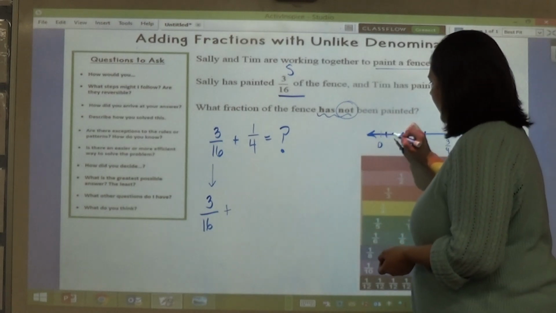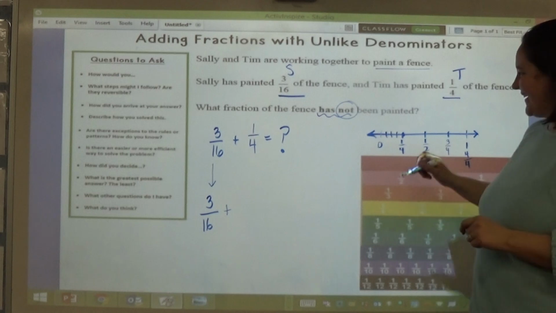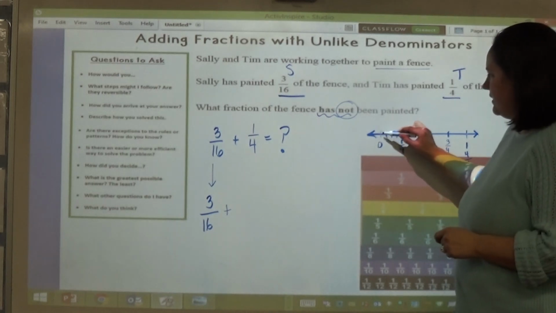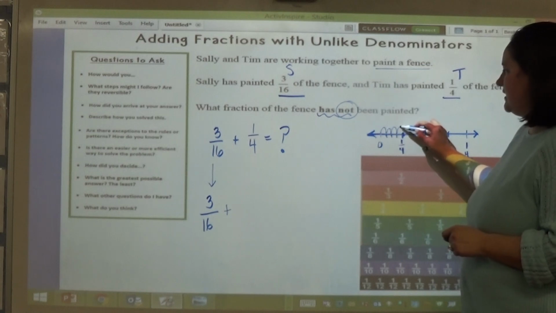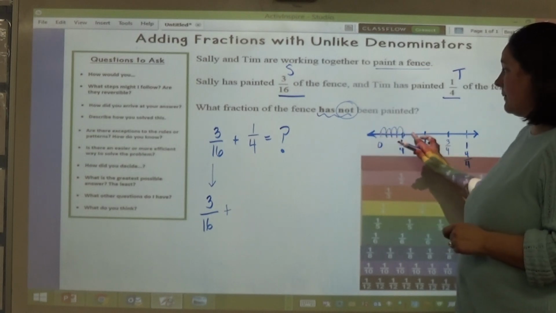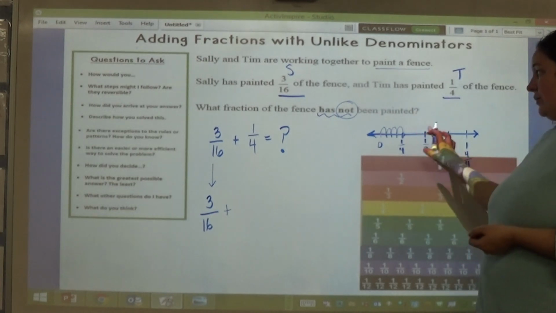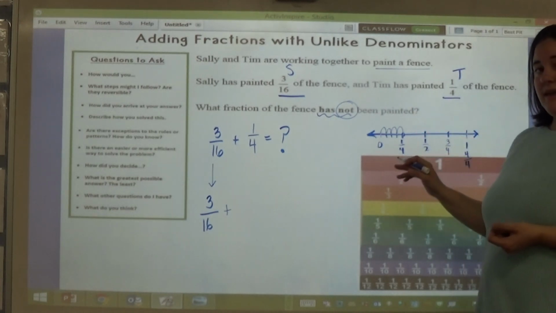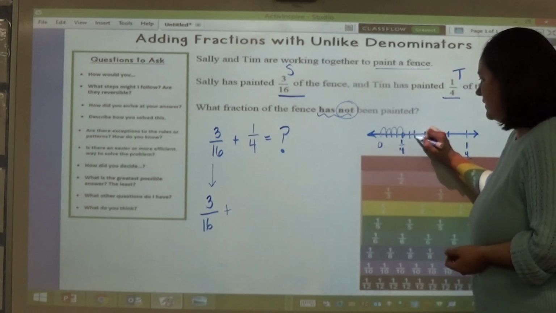So if I now have, let's double check, 1/16, 2/16, 3/16, 4/16. I have 4 parts to that 1/4. I could go through each of the segments and break it into 4 equal parts.